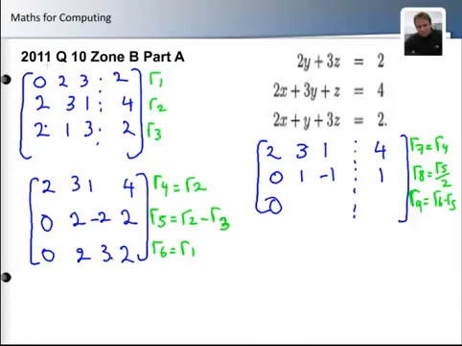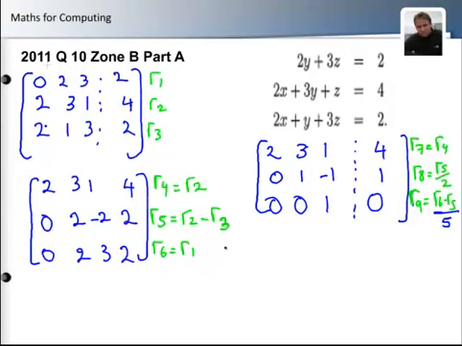So 0 minus 0 is 0. 2 minus 2, that gives us 0. 3 minus minus 2, that gives us 5. And 2 minus 2, that gives us 0. Okay. Without any loss of generality, I'm actually going to divide this down by 5, that value there. So I'm just going to update our expression so that we get a 1 here, because we're not losing anything there. So it's a 1 there.